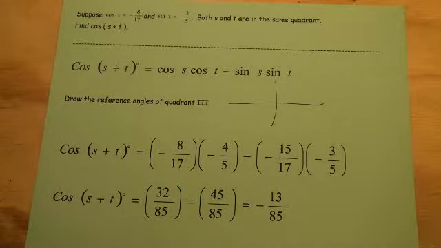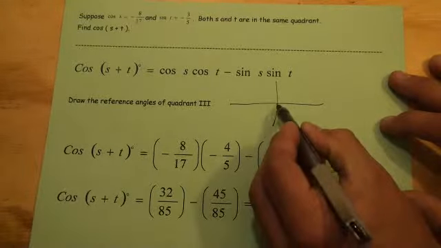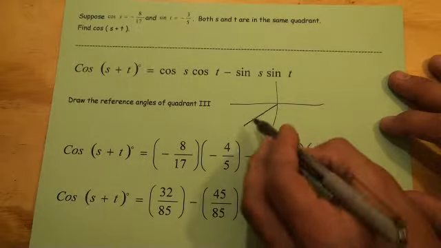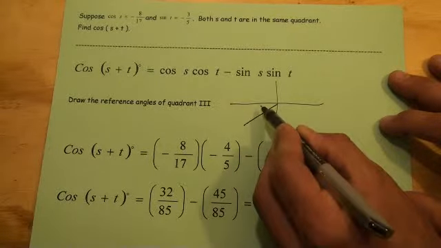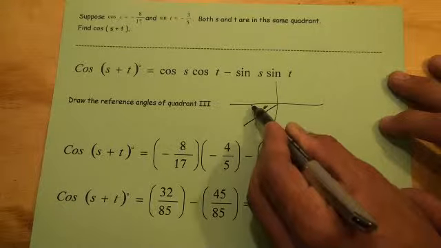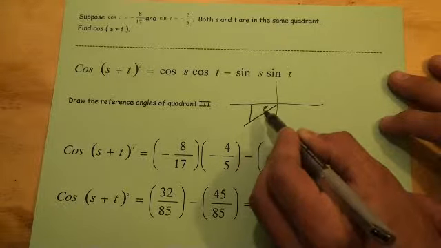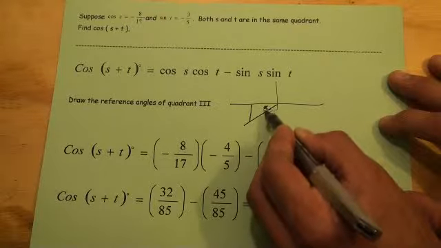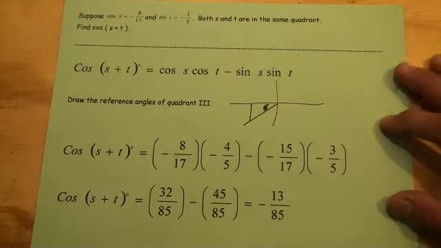Negative. Therefore, they're both in quadrant 3. So I'm going to go ahead and draw. Now, I just go down the middle, but you don't necessarily need to do that. You can maybe figure out where you are, but this is going to be the reference angle theta. So then you go ahead and draw. Now I'm going to draw a reference angle s. Let's call this one s.